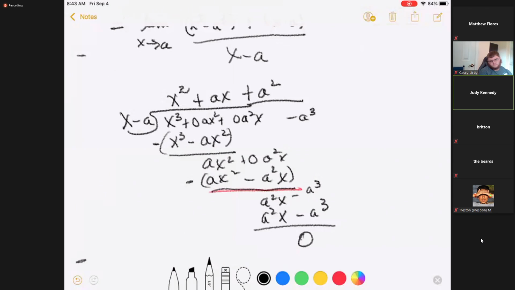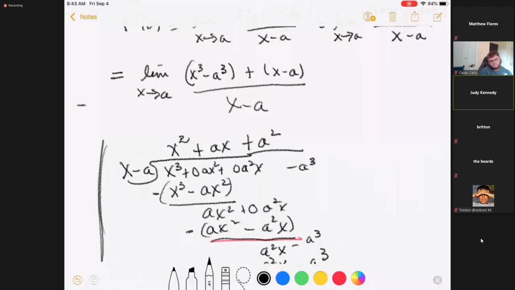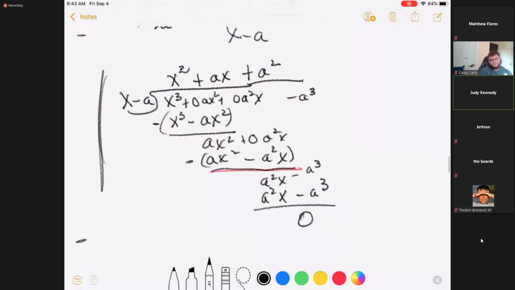So if you have something of the form a cubed minus b cubed, you can always factor an a minus b out of it. I hope you've seen this little procedure before. But this changes our problem. Now I can write x cubed minus a cubed in factored form.